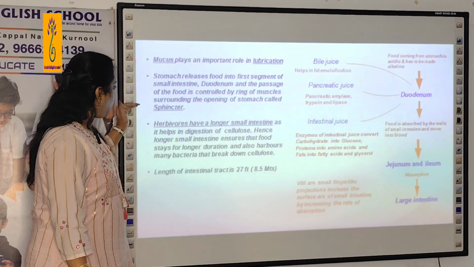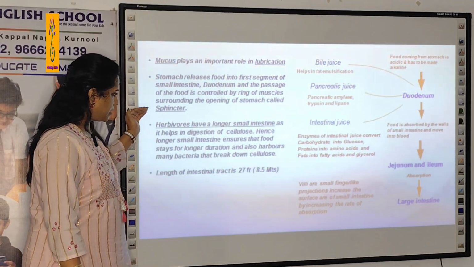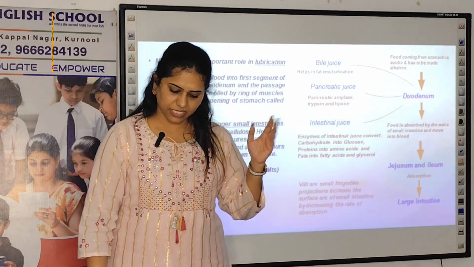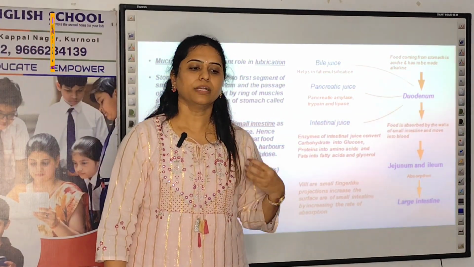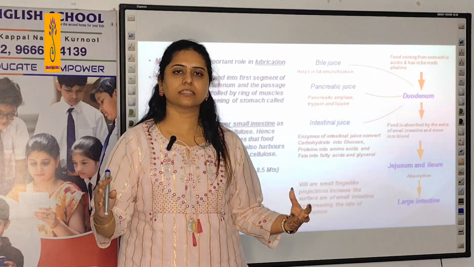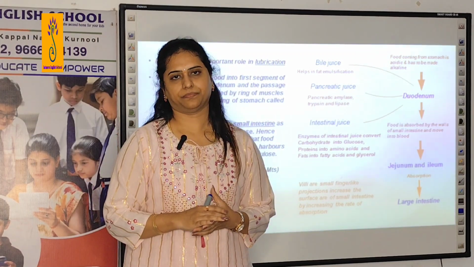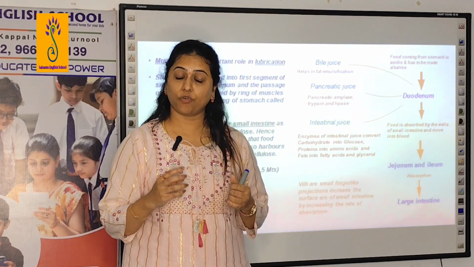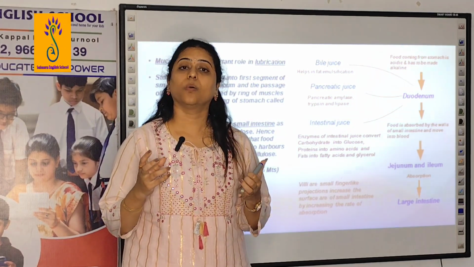One thing you need to know, that question was asked in CBSE examinations too. Which of the organisms have the longest small intestine? Yes, herbivores have the longest small intestine. Why?